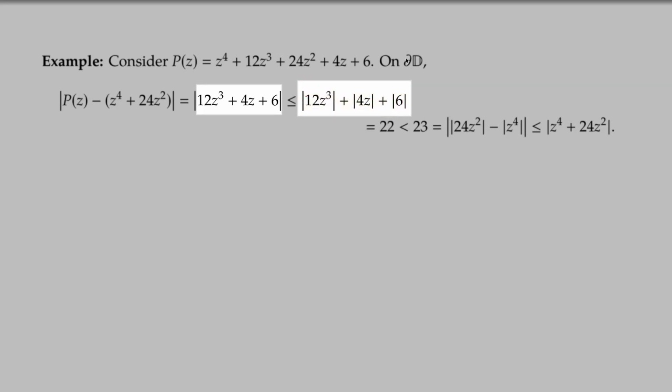Now, when I'm looking on the unit circle, when the modulus of z is 1, I can compute what this is precisely, because the modulus of z is 1, so this is 12, this is 4, this is 6, so I get 22, right?